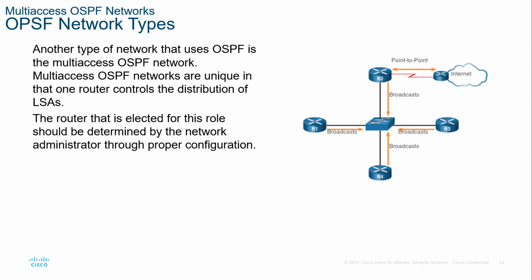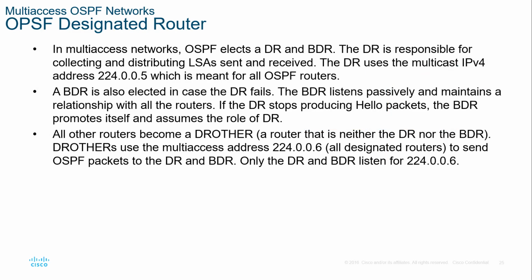The router that is elected for the role should be determined by the network administrator through proper configuration, as opposed to an election. Hence setting the appropriate router IDs so that the administrator can properly set which router will become the designated router. Again, in a multi-access network, OSPF will elect a designated router and a backup designated router.